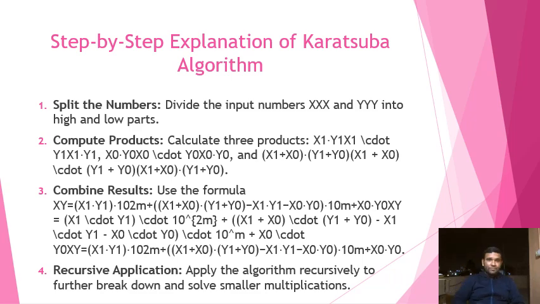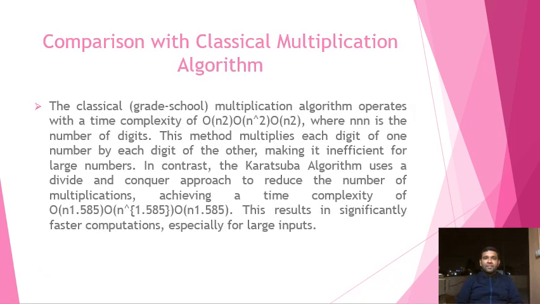Next, comparison with the classical multiplication algorithm. The classical grade school multiplication algorithm operates with a time complexity of order of n square, where n is the number of digits. This method multiplies each digit of one number by each digit of the other, making it inefficient for large numbers.